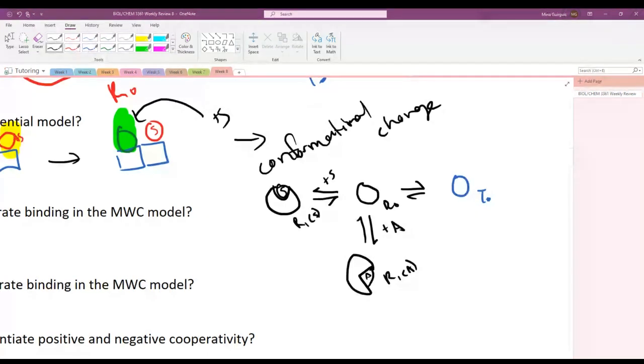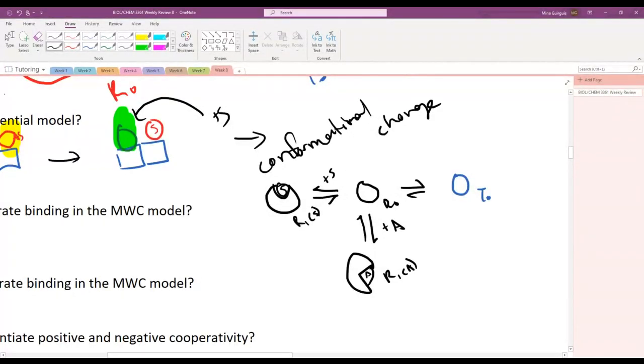Okay, so let's talk about this with respect to Le Chatelier's principle, thinking back to Gen Chem 2. When I bind to an activator, so we're looking right here, that increases this concentration and decreases the concentration of R0.